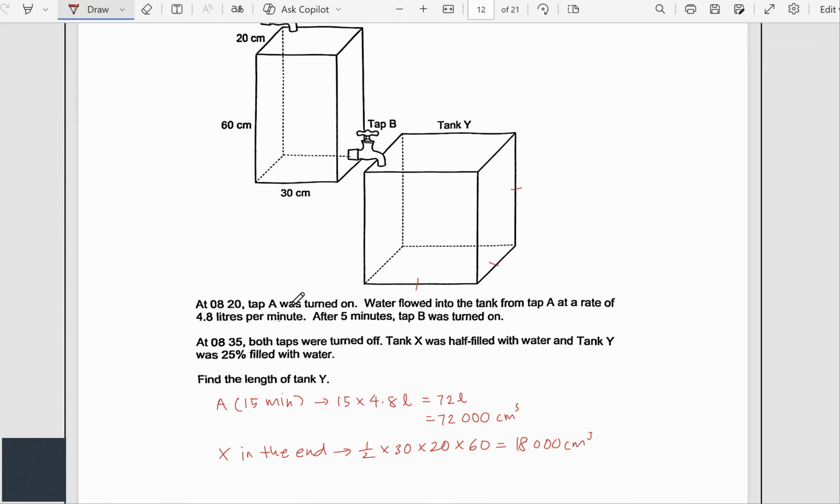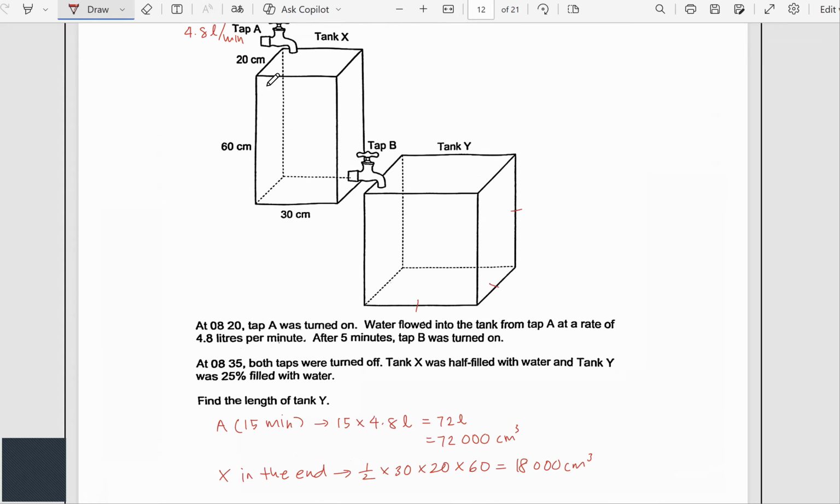So if A were to be turned on for 15 minutes, there would be 72,000 cubic cm here. But because you turned on tab B, there would be 18,000 cubic cm here. So how much flowed into tank Y? It would be the difference between these two.